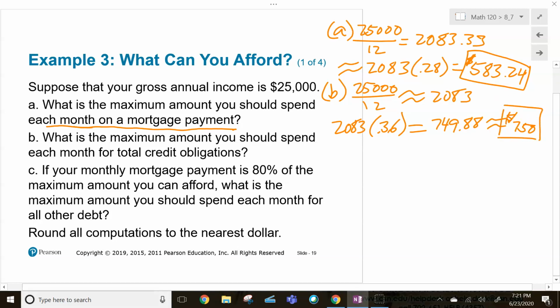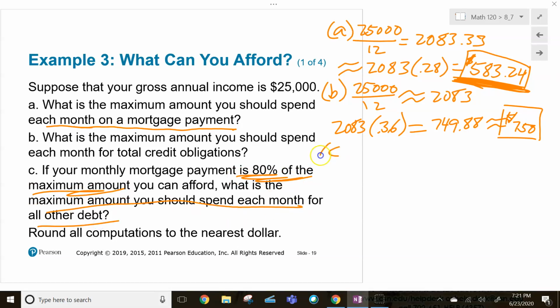Part C, if your monthly mortgage payment is 80% of the maximum, so let's say you don't spend this whole amount on your mortgage, you only use 80% of it. What's the maximum amount you can spend on the other debt then? So you only spend 80% of what you could have spent, 583. So you got 466.40, so about $466, right?